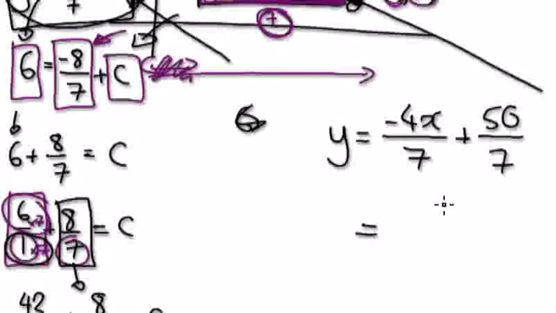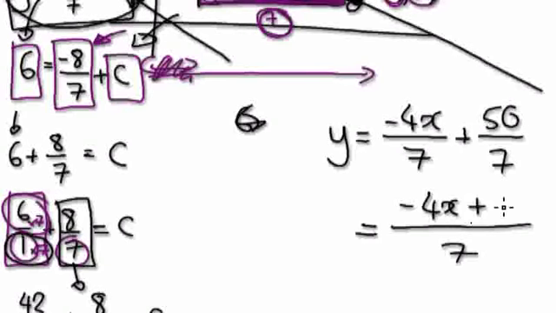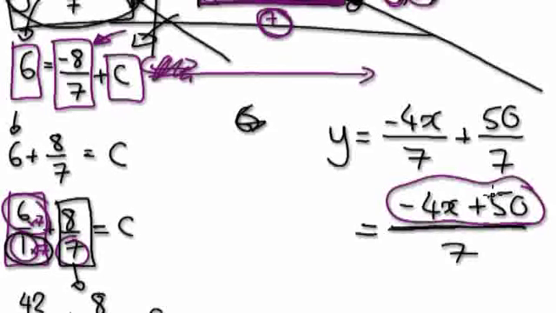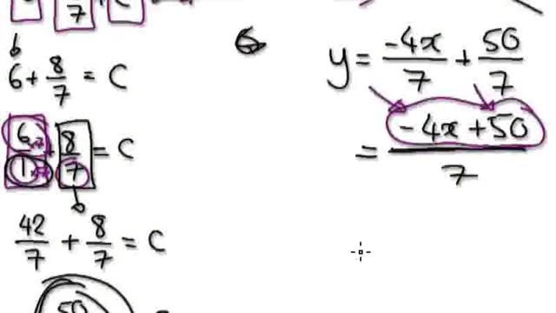Now the two denominators are the same. We can merge the two fractions. So it will be this: minus 4x plus 50. Now remember, because of this long line here, this thing here exists in a bubble. Now here, rather than having a minus something and then plus something, let's switch them over.